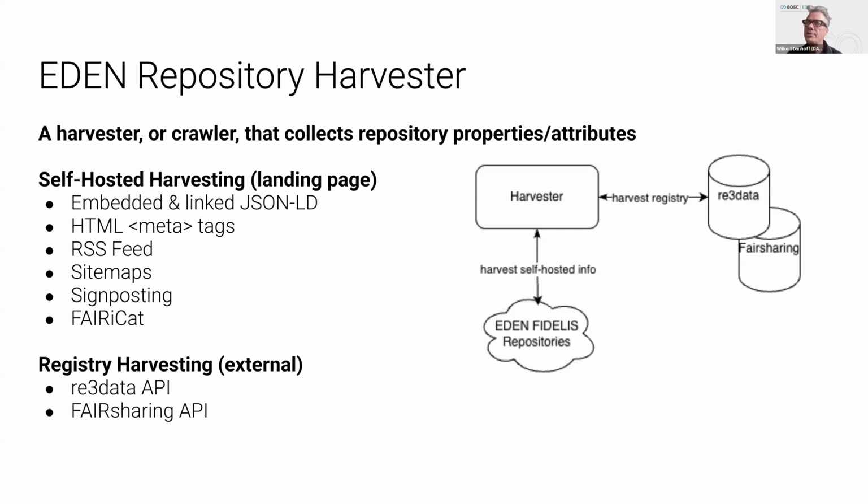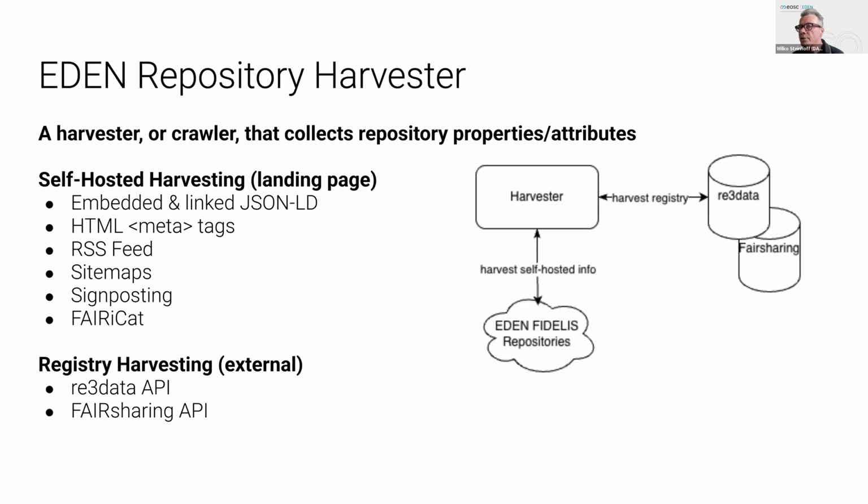It searches for JSON-LD that might describe the repository. It looks for HTML meta tags, which could also describe repository affordances, RSS feeds, and sitemaps.